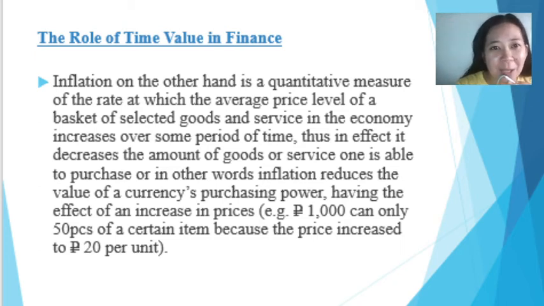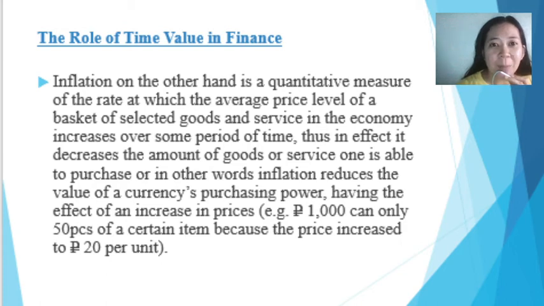When we say inflation, this is a quantitative measure of the rate at which the average price level of a basket of selected goods and services in the economy increases over some period of time. Thus, in effect, it decreases the amount of goods or services one is able to purchase. In other words, inflation reduces the value of a currency's purchasing power, having the effect of an increase in prices.